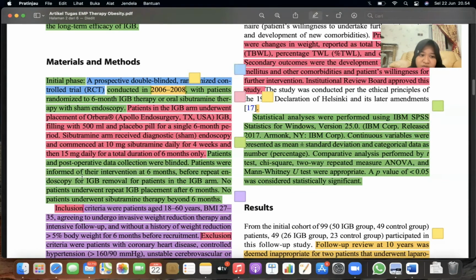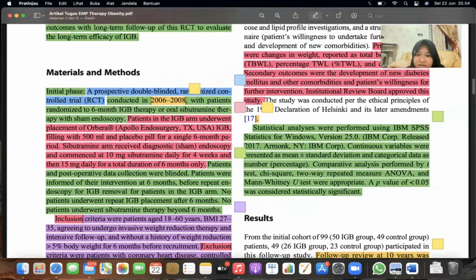Patients were informed of their intervention at 6 months before repeat endoscopy for IGB removal for patients in the IGB arm. No patient underwent repeat IGB placement after 6 months. No patient underwent sibutramine therapy beyond 6 months.